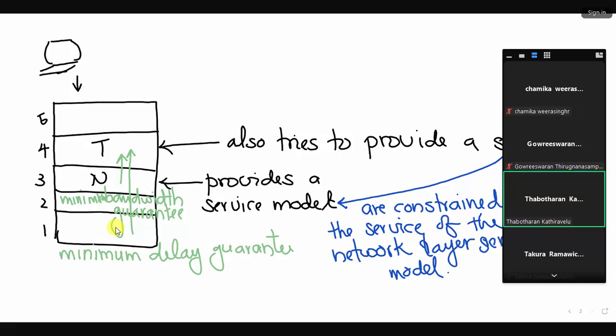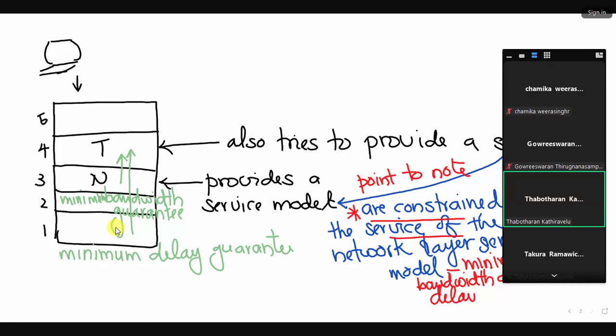The one important point to note here is that these are constrained by the service models, and they are the ones providing minimum bandwidth and delay guarantees.